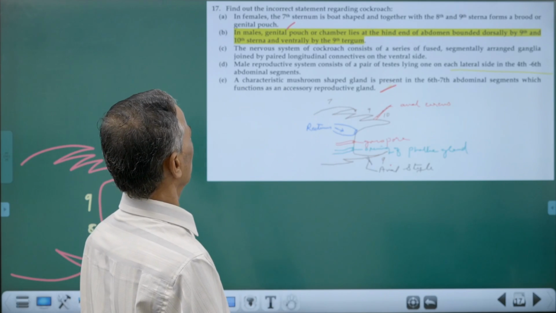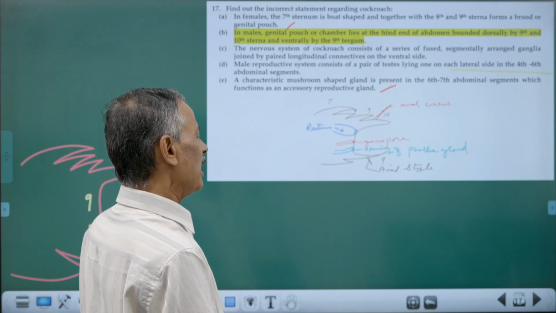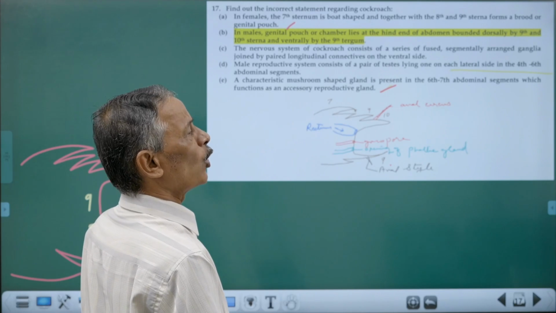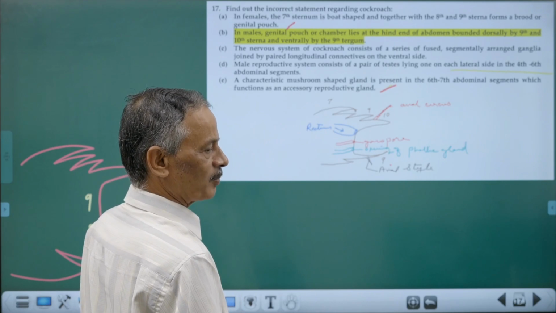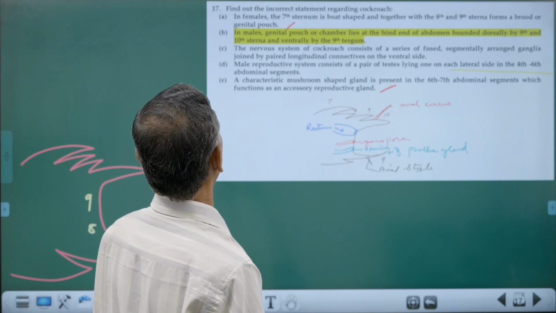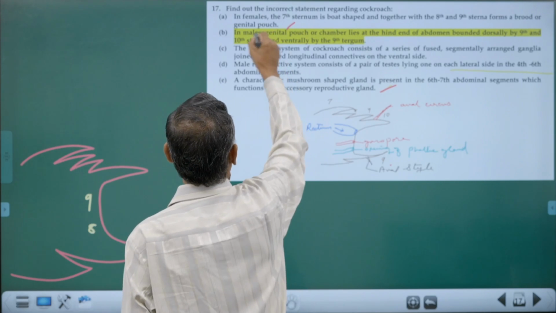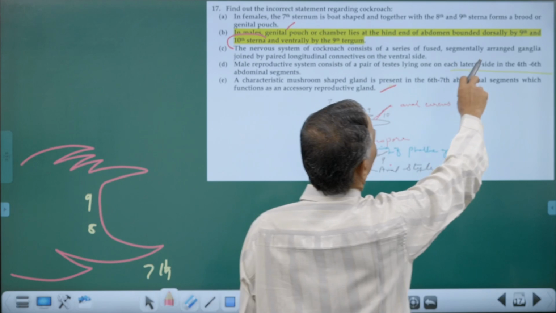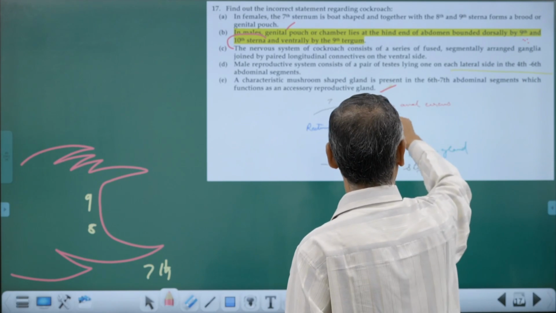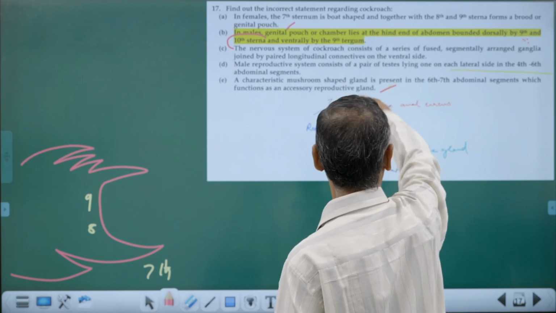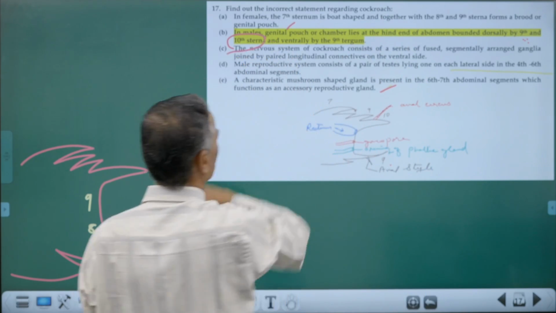Remember, in both male and female, there is no 10th sternum. The 10th sternum is absent in both male and female. See, dorsally by, how can it be dorsally? It is tergum. 9th and 10th tergum, not sternum. That's why it is wrong.